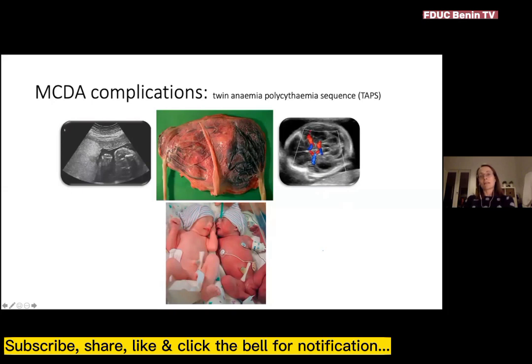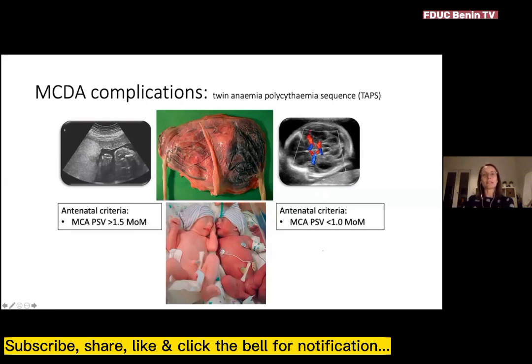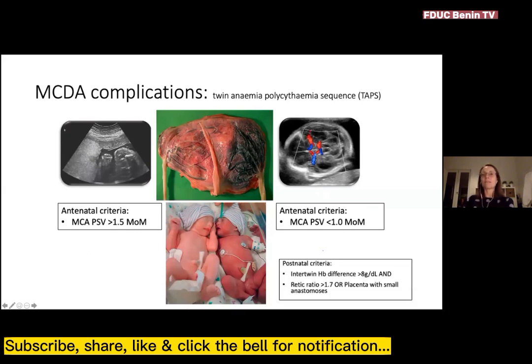And the other main way that we detect this condition on ultrasound is by looking for fetal anemia, which we do by using the MCA-PSV measurements. And the antenatal criteria for diagnosis is that the MCA-PSV is more than 1.5 MoM in the anemic fetus and less than 1 MoM in the polycythemic fetus. And you can stage the disease according to how severe those abnormal MCA-PSVs are.